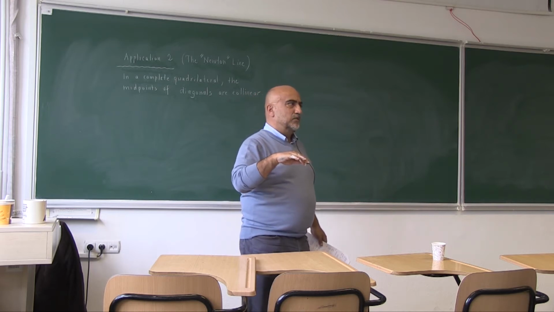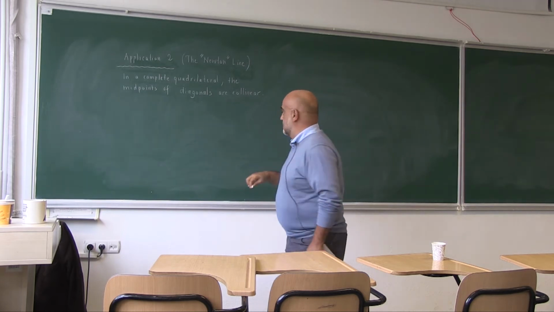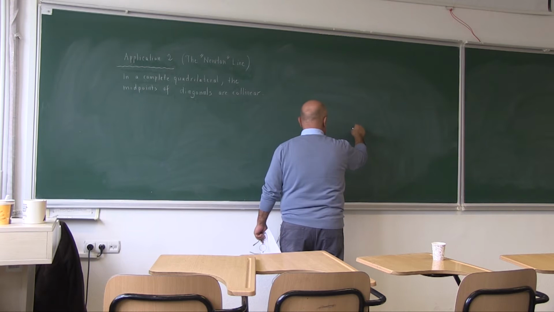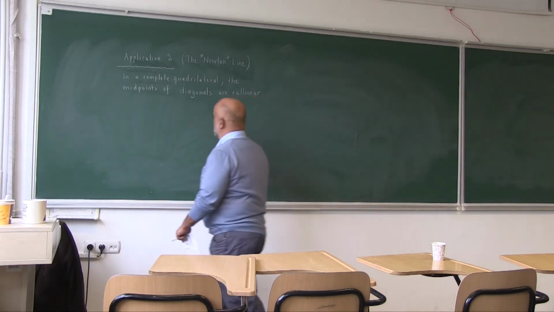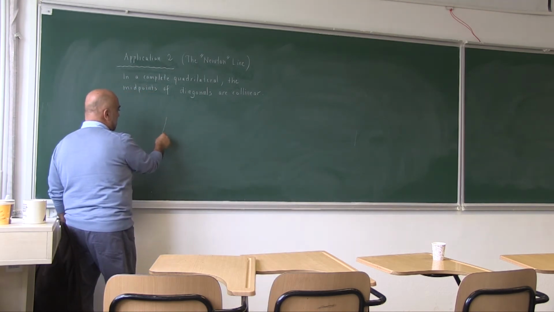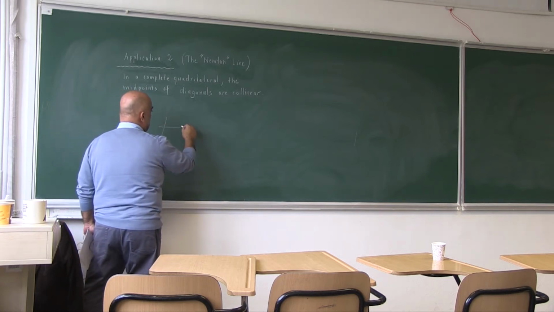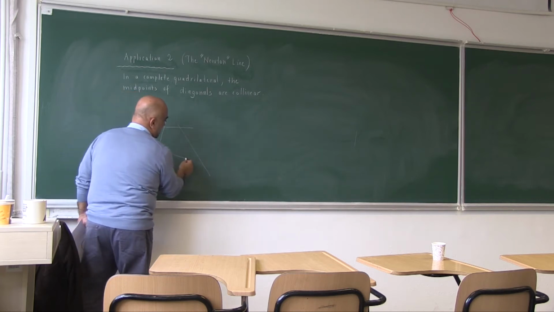Well, if I ask you what a quadrilateral is, you would possibly struggle with something like, let's take 4 lines. So you take 4 lines, and then, well, that's about it.